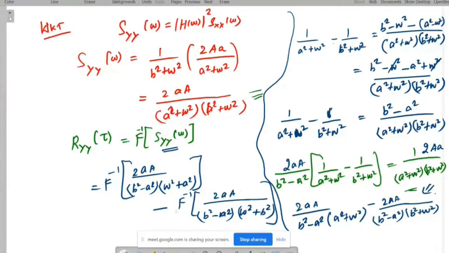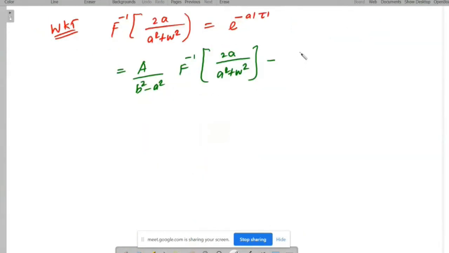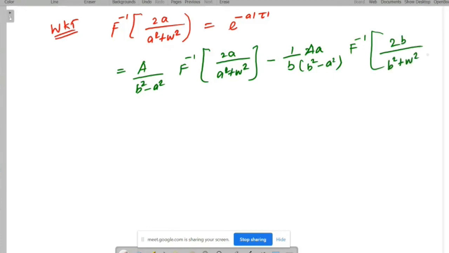So for that, I am going to divide by b also. Now in this expression, I am going to multiply by b and divide by b in the second expression. Then only it is easy to apply the inverse Fourier transform, right? So here I am going to multiply, 1 by b, capital A by b square minus a square, F inverse of 2b divided by b square plus omega square.